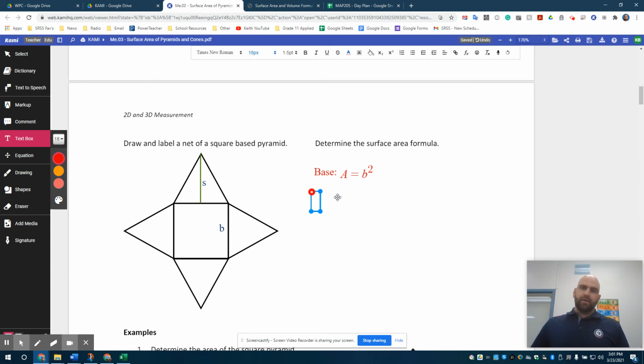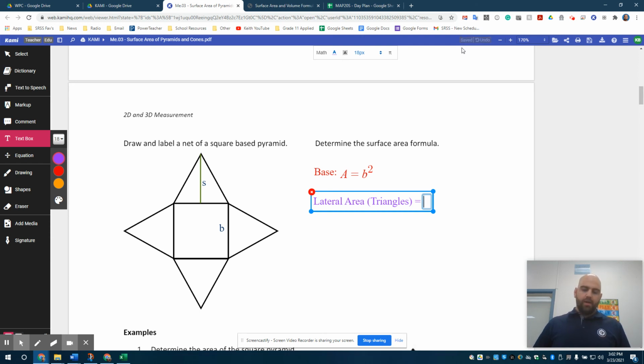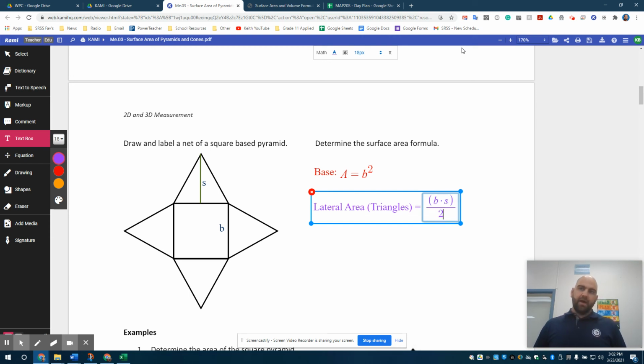The lateral area, which would be the triangles, I'm going to write it out as lateral area, is our triangles. It's going to be our base length times our slant height, and then divide by 2.